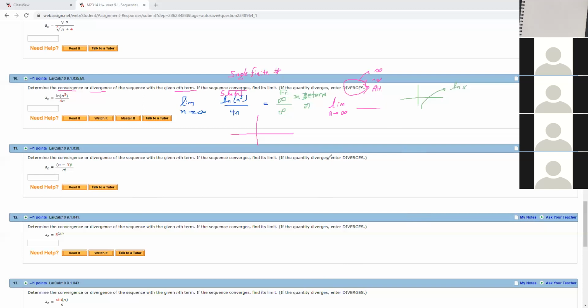Another thing is, technically, if you use L'Hopital's rule and you take the derivative, you have to have a continuous function. So if you read in the book, they would be writing it as x instead of an n.